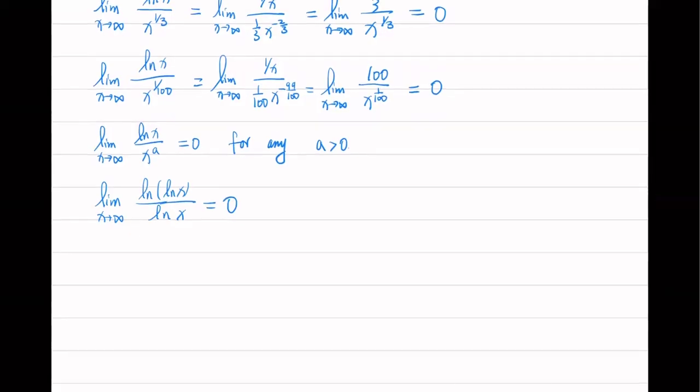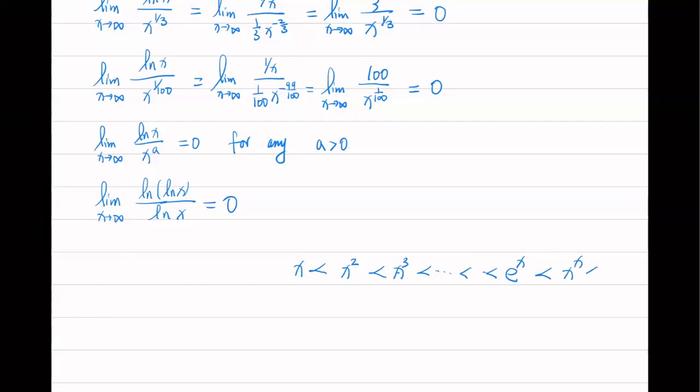So now let's see our polynomials. We have x, this is slower than x squared, slower than x cubed, slower than exponential.